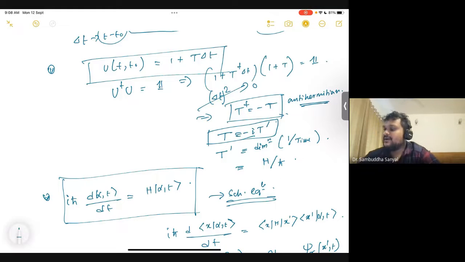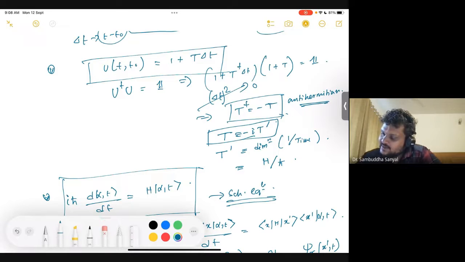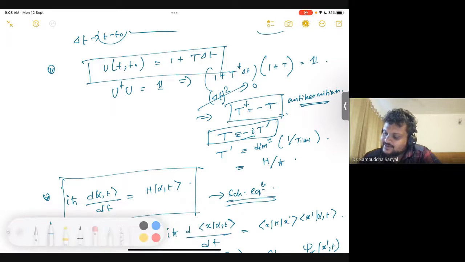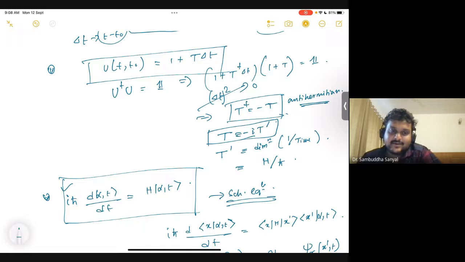So I want it to be minus i H dt. The reason is that otherwise you will get a minus sign here. I don't want that minus sign, because if I do minus i H, I can take this i here on this side, and that will compensate that minus sign. Okay. It's a choice. There is no harm if you have a differential equation with a minus sign.